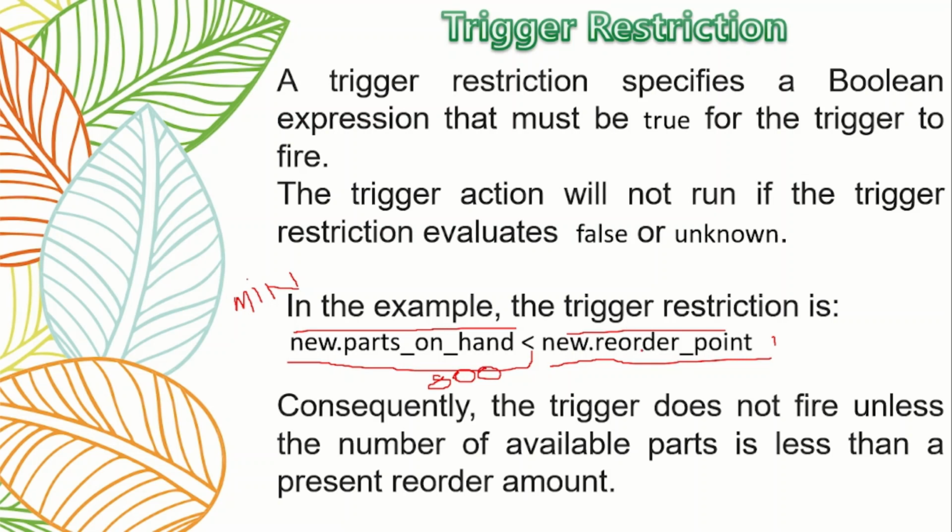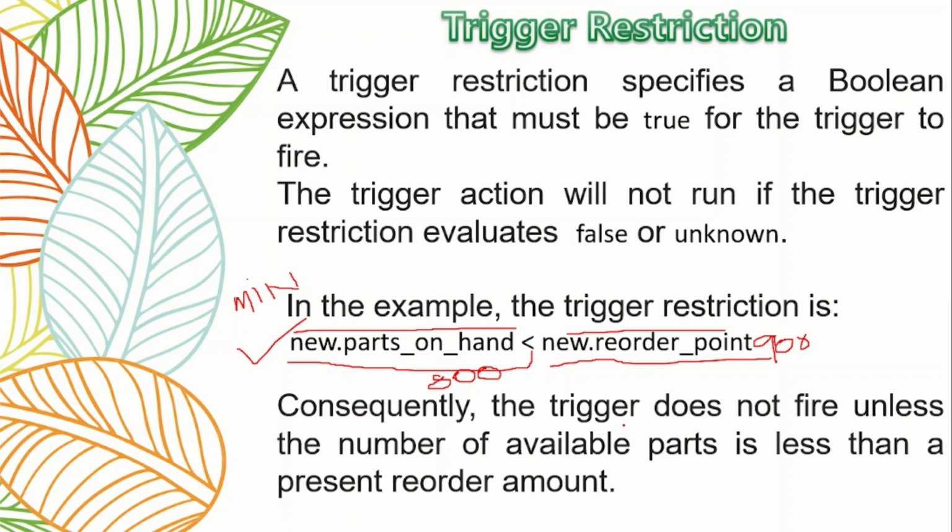Quantity on hand, suppose it is 800 and the reorder point is 900. In that case, this 800 is less than 900, so this condition will be true and the order will be immediately placed. This is one example of a trigger restriction.